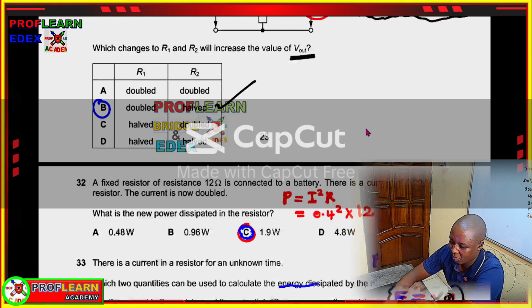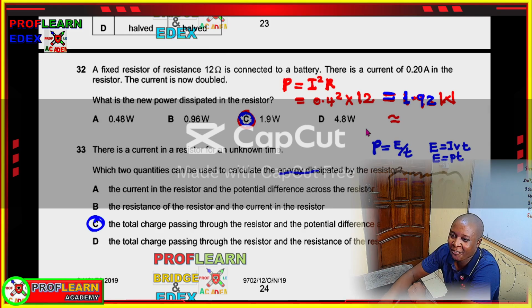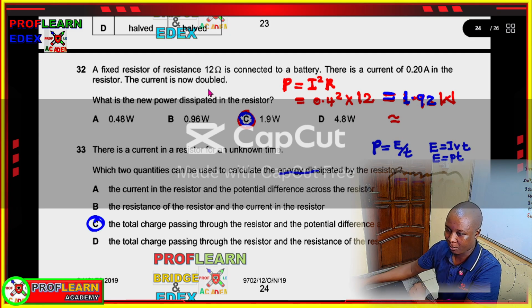That's mathematical reasoning there. A fixed resistor of resistance 12 ohms is connected to a battery, and there is a current of 0.2 amperes in the resistor, and the current is now doubled. First we need to remember that power is equal to I squared R, so that we can apply this formula. We are told the current is doubled, so this value was given to enable us to know that the current here is going to be 0.4 amperes.